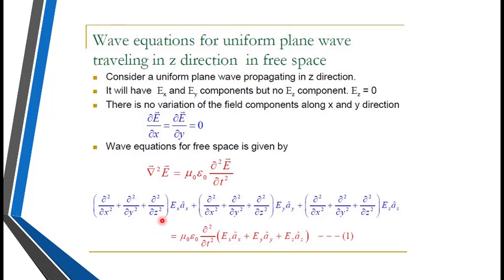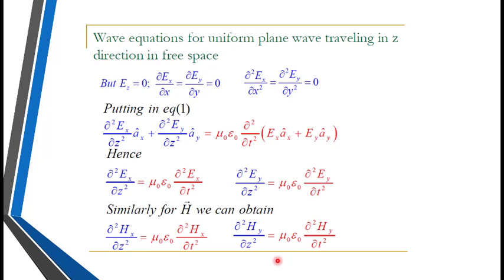So only there is a variation with respect to z of which component? Ex component. Variation with respect to z of Ey component. So we'll consider only those variations. Okay, so Ez is equal to 0 and ∂Ex/∂x and ∂Ey/∂x are 0. So ∂²Ex/∂x² and ∂²Ey/∂y² are also 0.